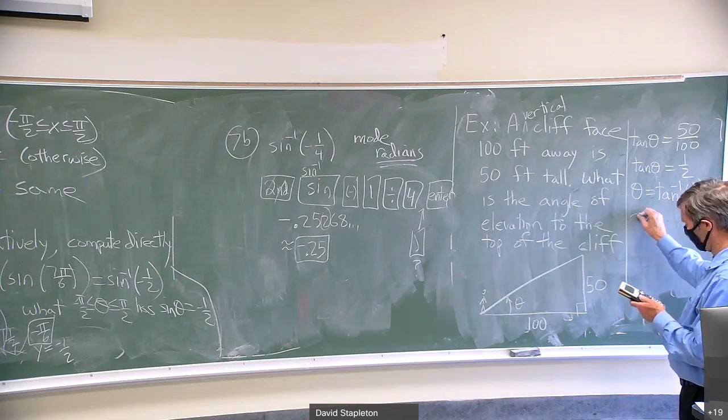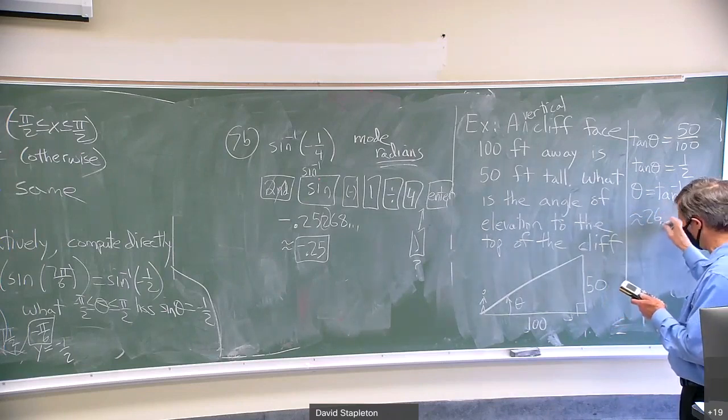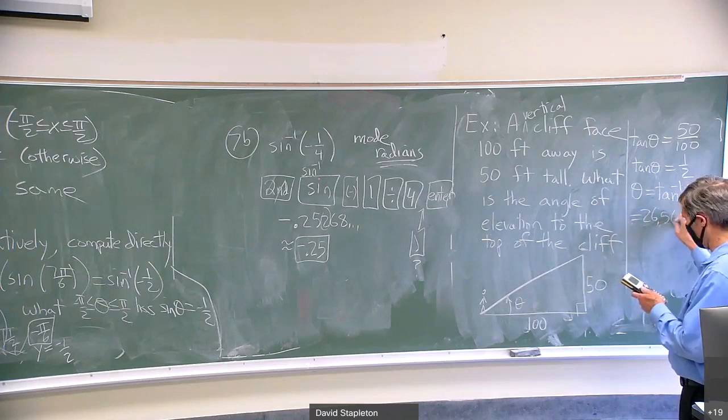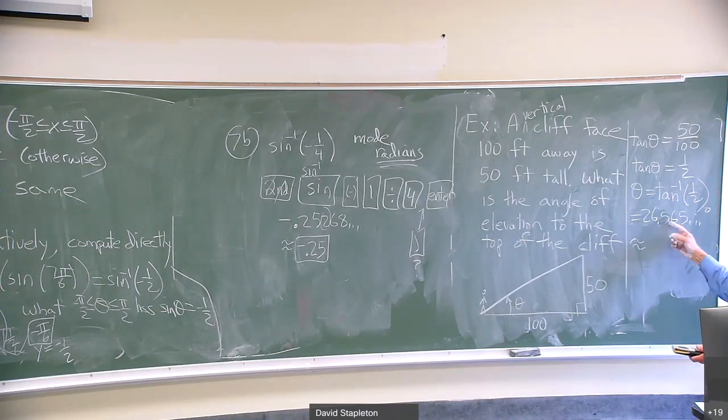And now I'll get that this is approximately, let's say first, 26.565 and a bunch of other stuff degrees. Round it to 2 decimal places, we say it's 26.57 degrees since this is bigger than or equal to 5. All right.